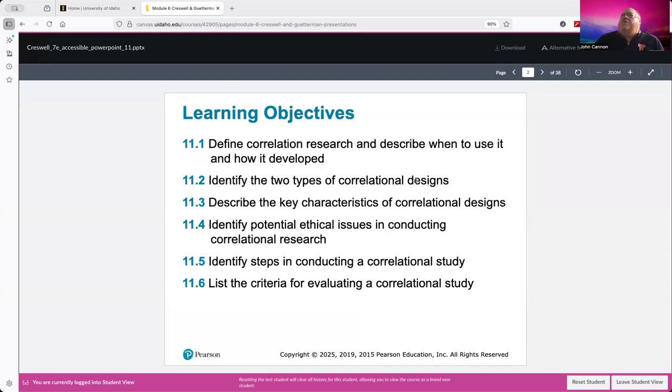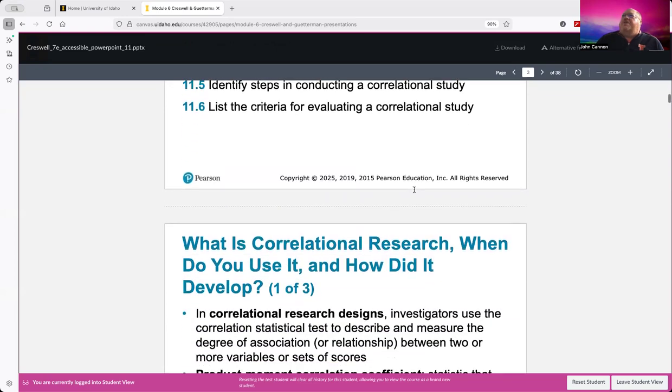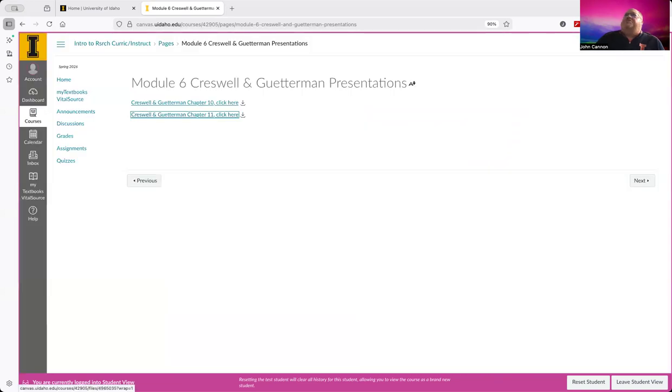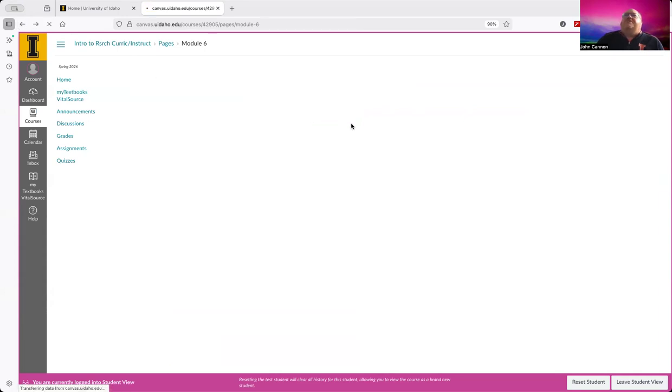Identify potential ethical issues in conducting correlational research. Identify steps in conducting a correlational study and list the criteria for evaluating a correlational study. So, chapters 10 and 11 from Creswell and Guterman for Module 6.